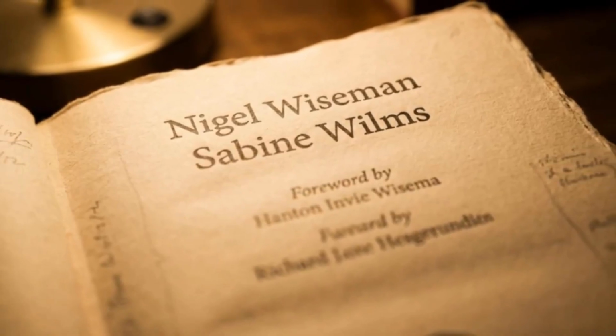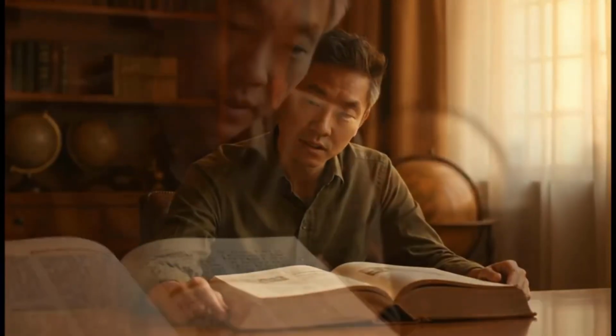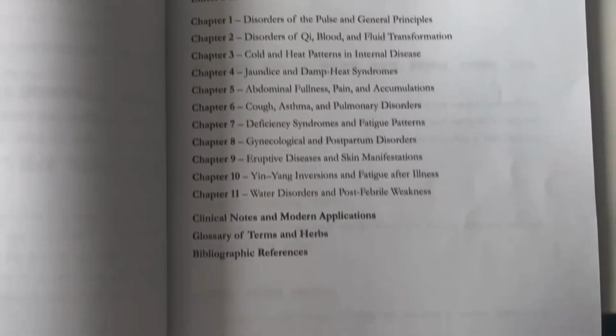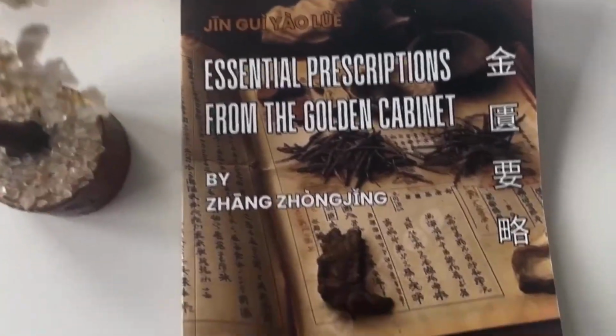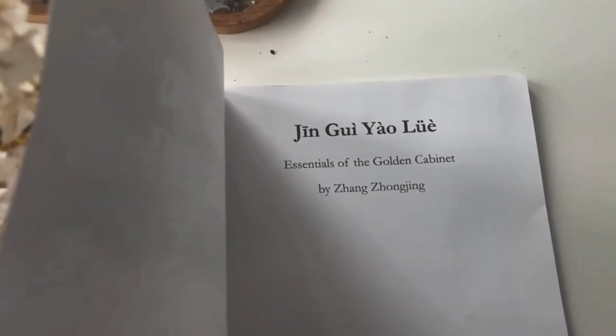Well, no, you're not going to make a yang type person into a recluse, a yin type person. You want to balance them out. And vice versa for a yin type person. We're just balancing it out. We're not trying to turn them into somebody else.